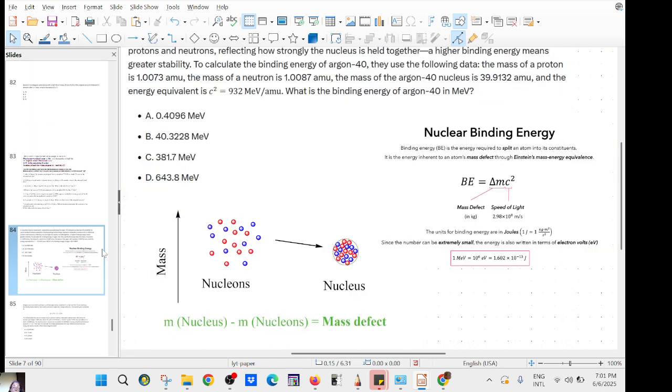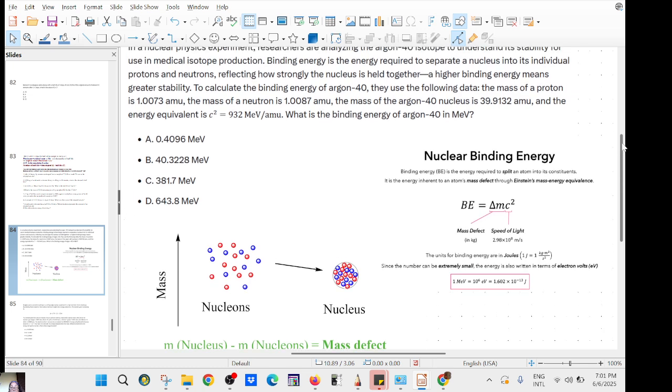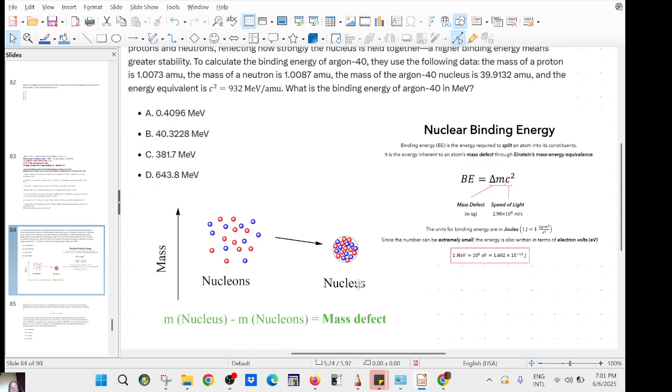Here, you have a nice example. That means the mass of the nucleus will always be smaller than the sum of all the masses of the nucleons. This is called the mass defect, which is turning into energy using this equation found by Einstein.